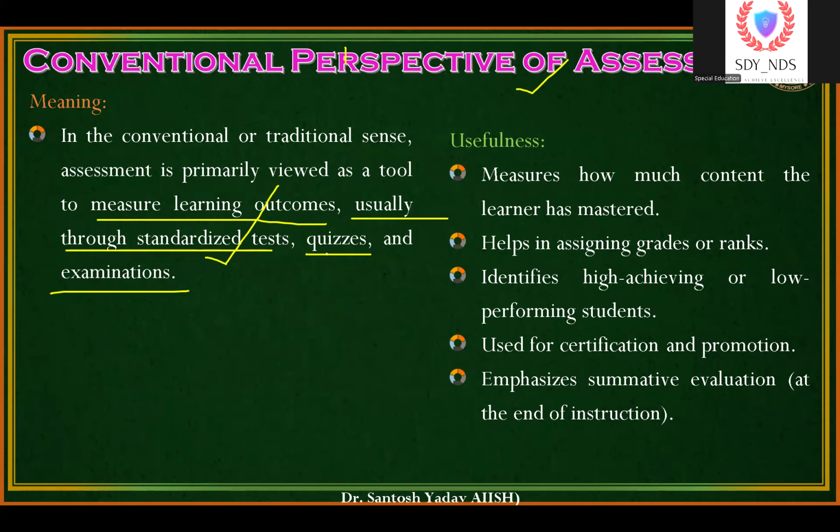The board gave the final exam paper, and on the basis of that paper they assessed our learning outcomes. There was a final exam in the fifth, in the eighth, in the 10th and 12th. If we failed the final exam, we failed. But now, no, it is not so. In constructivism, it is different. We'll see. That's the conventional perspective of assessment.